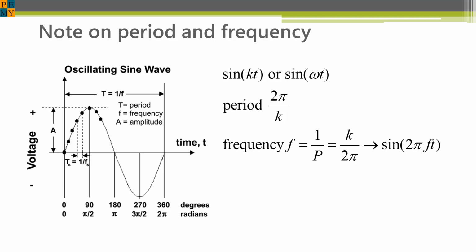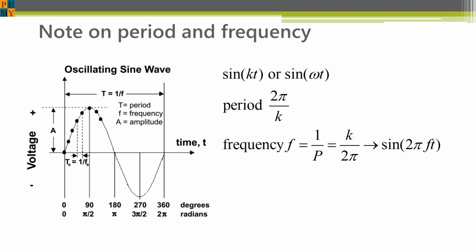Most textbooks designate the period by T, but I have used p. The sine function is often written as shown with a constant k, but sometimes with omega. They mean the same thing, but omega is called the angular frequency because when omega is equal to 2 pi, then 1 period has elapsed.